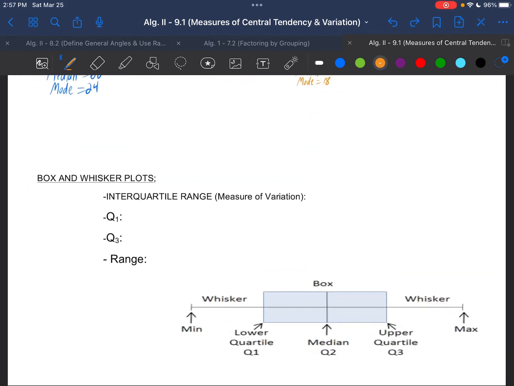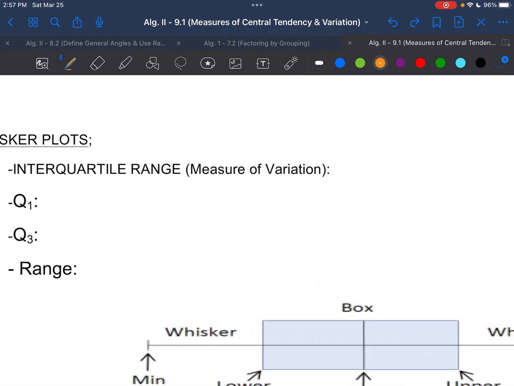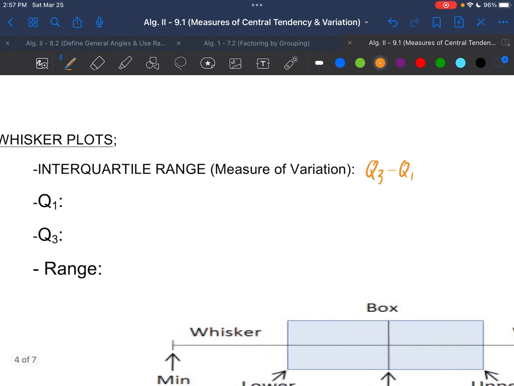Now we're going to talk about box and whisker plots. So we're going to talk about interquartile range with that, and a few other definitions. Interquartile range is defined as quartile 3 minus quartile 1. That's what Q3 minus Q1 means, quartiles. Now, let's define what quartiles 1 and 3 even are. So quartile 1 is the median, once again, middle number when in increasing order, of the first half of data.